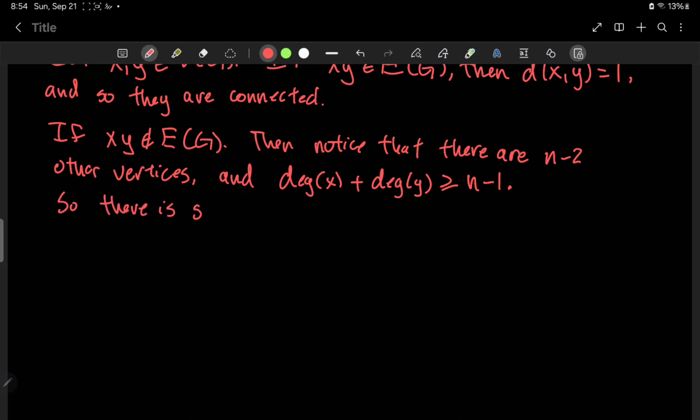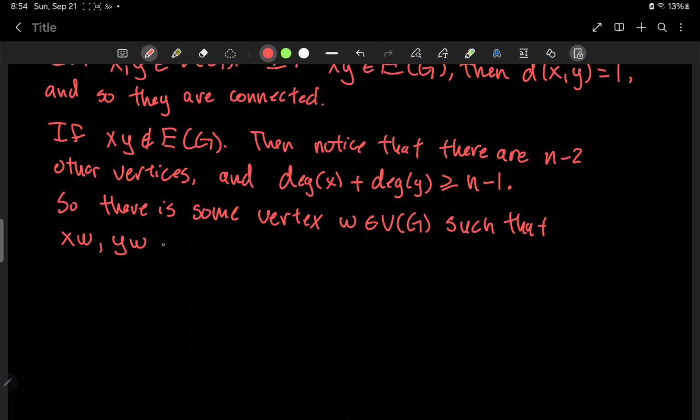So there is some vertex w in the vertex set of G such that xw and yw are in the edge set of G. And once again, that's by the pigeonhole principle.